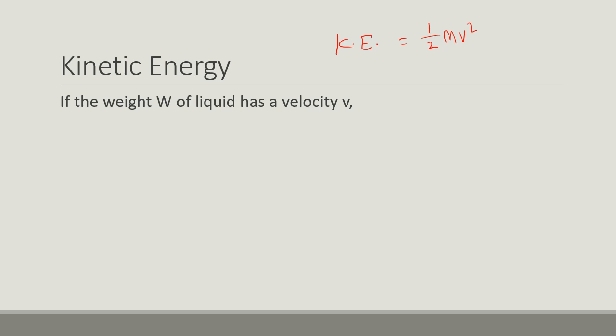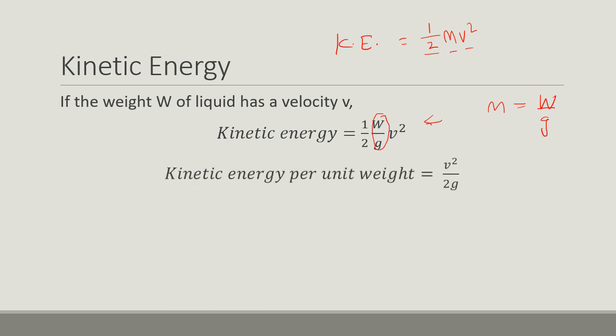So easily we can get the kinetic energy of a fluid, which will be 1 over 2 the mass of the fluid times its velocity squared. Mass is equal to weight over acceleration due to gravity. So that is the kinetic energy, and the kinetic energy per unit weight is v square over 2g.